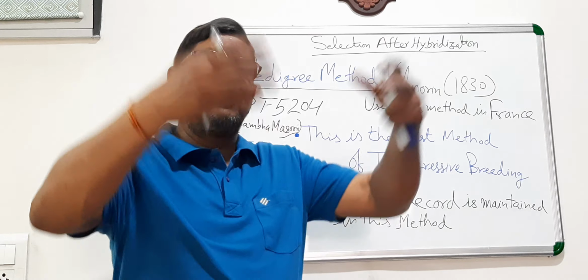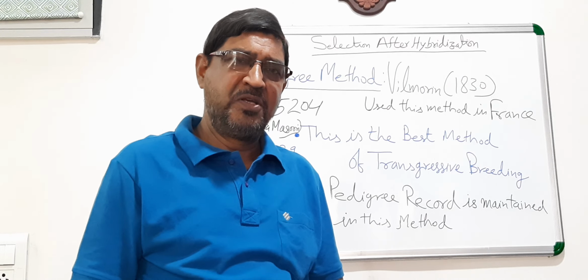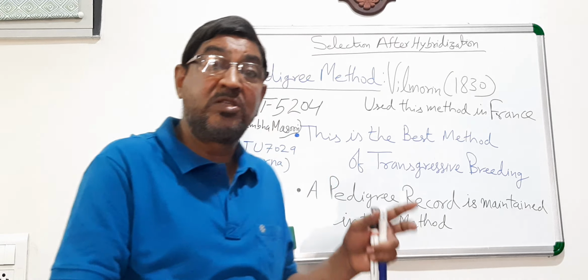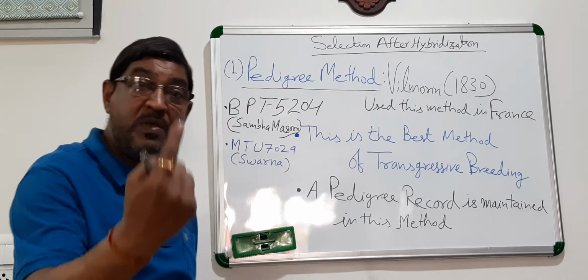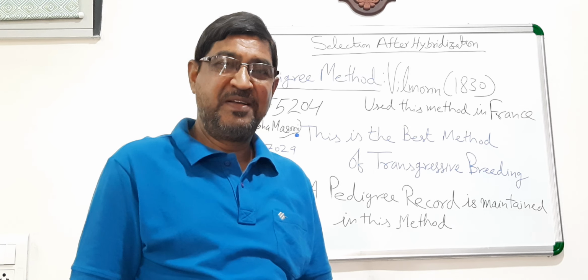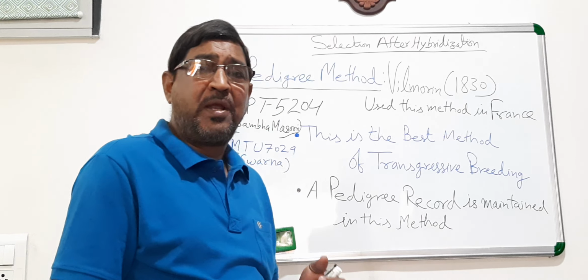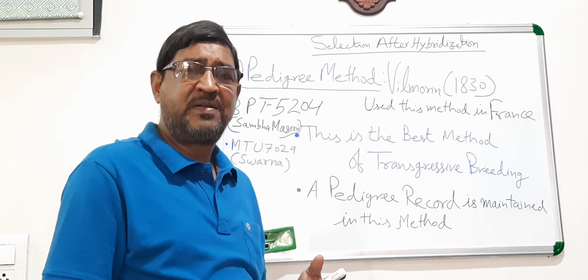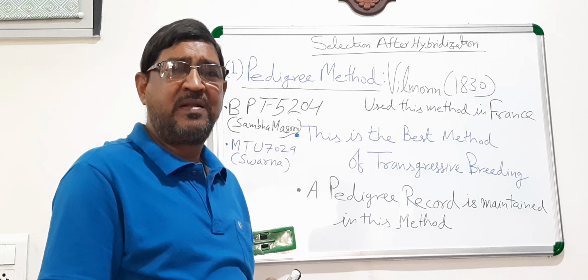The larger the population you can grow, the greater the chance, because of crossing over and translocation, to get what you are willing to get. Maybe a single plant you may get. So can we do it? Yes, this can be done.